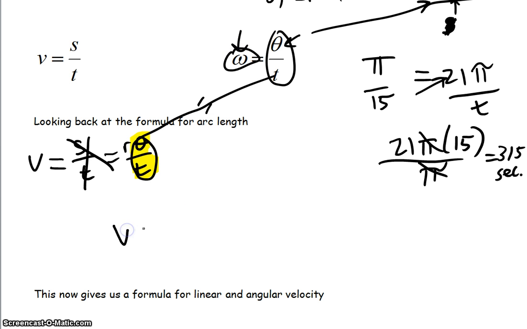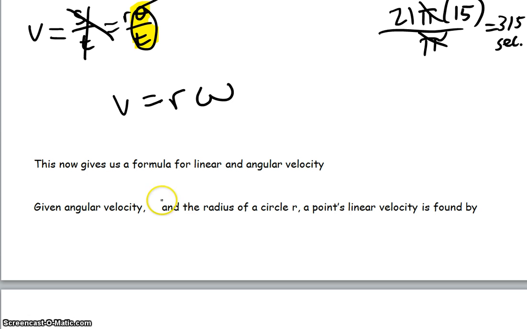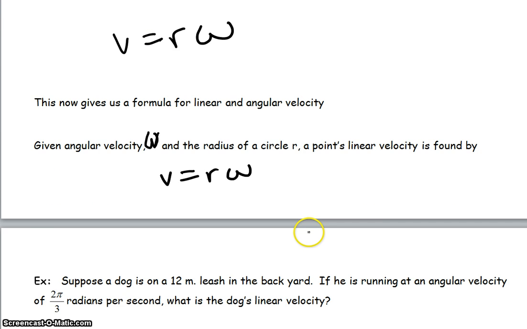So I have this grand formula which relates linear velocity and angular velocity, and the only thing that relates them is the radius. If you have angular velocity and a radius, you can find the linear velocity, and there it is.